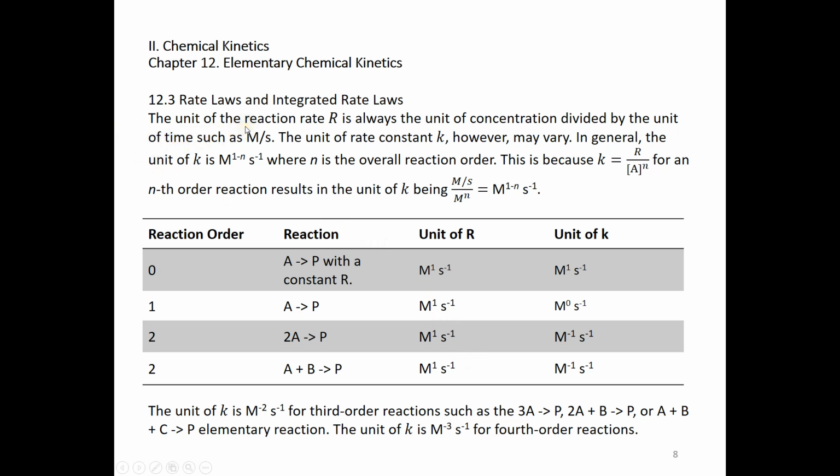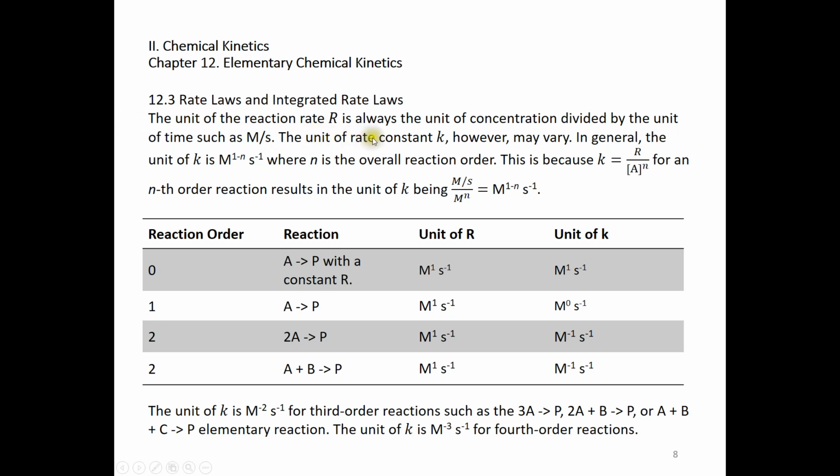The unit of the reaction rate R is always the unit of concentration divided by the unit of time, because R is how fast the concentration of reactants or products changes with time. We often use molar per second for the units of the reaction rate.